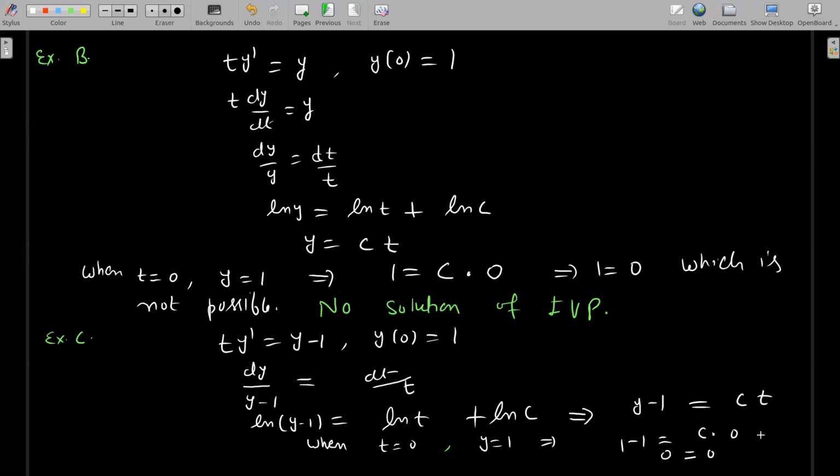So you can check example B and C. In example B, you got 1 equals to 0. And in example C, you got 0 equals to 0, which is true. Second में true नहीं है, third में true है. But you cannot find C. So what do you say? Infinitely many solutions.